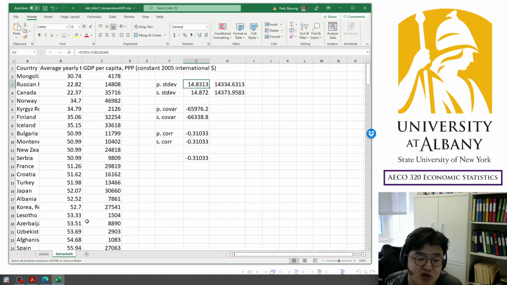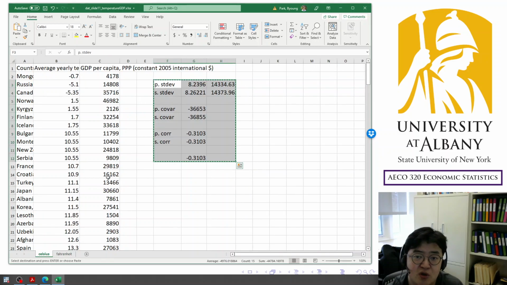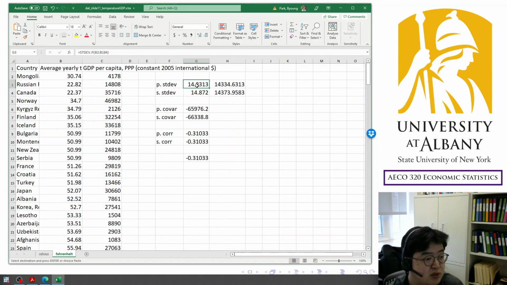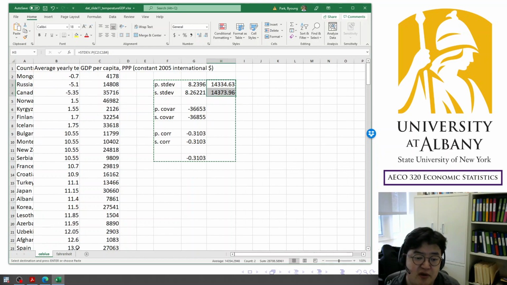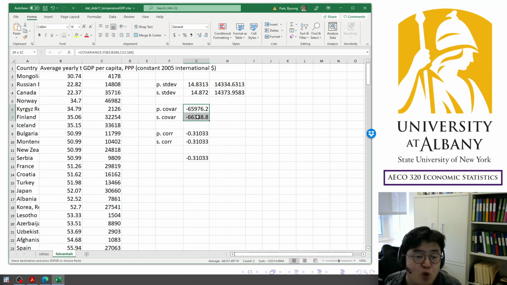The standard deviation is now 14.8, which was 8.2. So 8.2 becomes 14.8 because we changed Celsius into Fahrenheit. Now the scale changes, so the standard deviation changes. But this side does not change because I did not make any change in the GDP per capita. GDP per capita remained the same. And the covariances are different again.